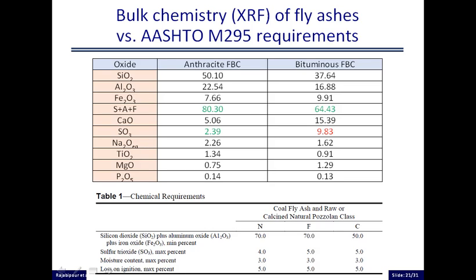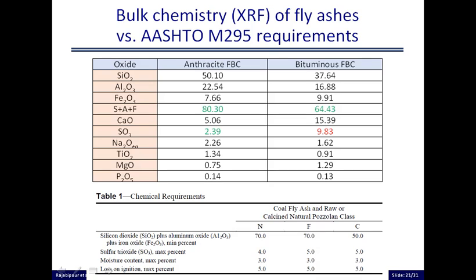For the bituminous, the sum is about 64%, which is more similar to Class C fly ash. The SO3 content is elevated for the bituminous FBC, and that's the same issue that I mentioned, that the sulfur is scrubbed and forms gypsum that ends up in fly ash. We'll get back to that in a minute.